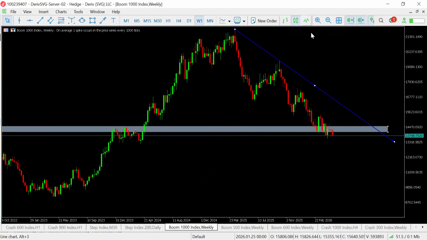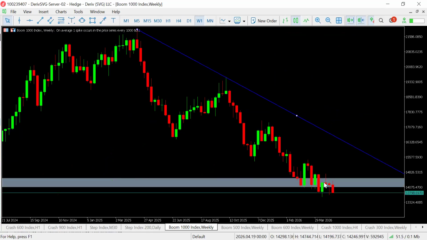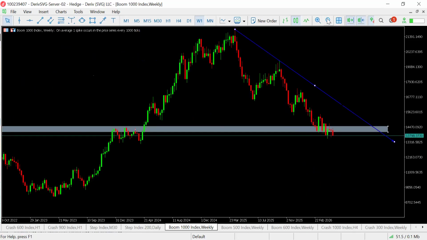If I zoom in, a few weeks back, price gave us a good bullish engulfing candlestick pattern here, only for it to end up forming an evening star, which is a combination of one, two, three candles, and then price has been playing around this level for quite a while now.